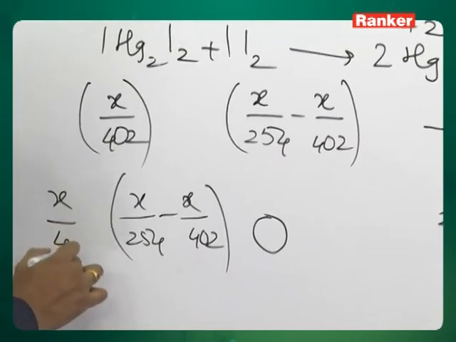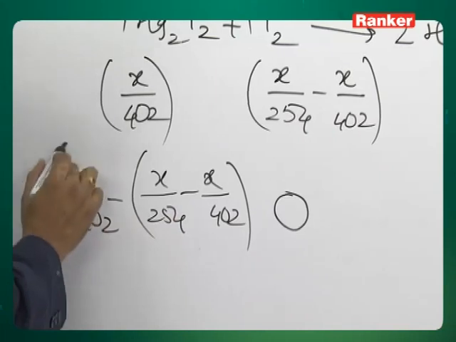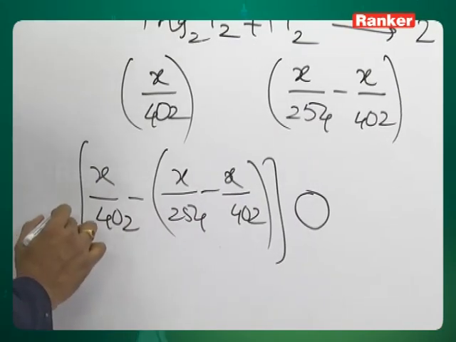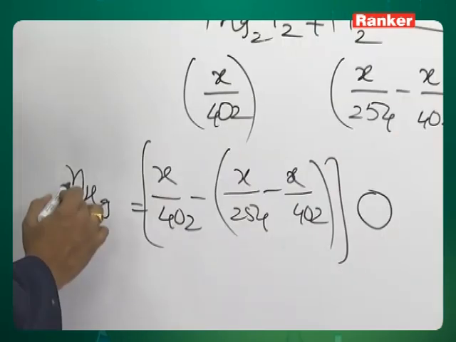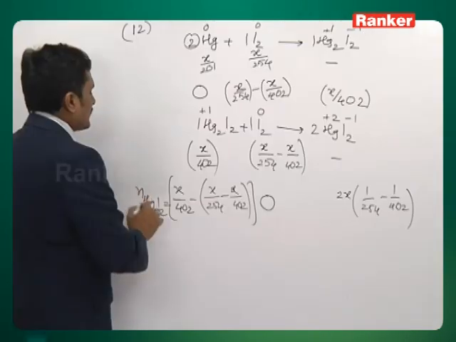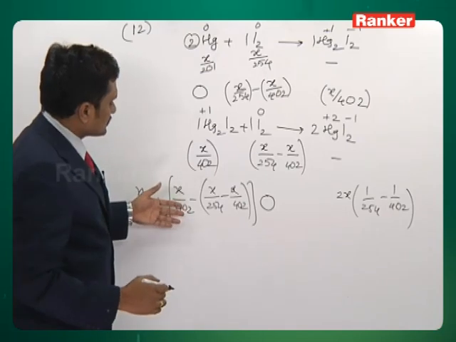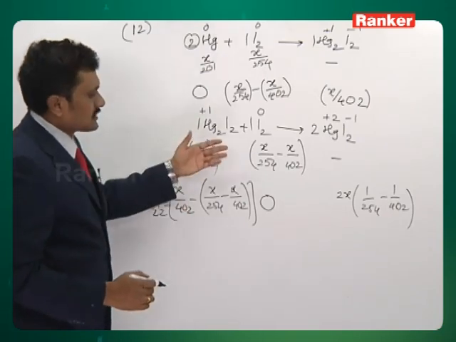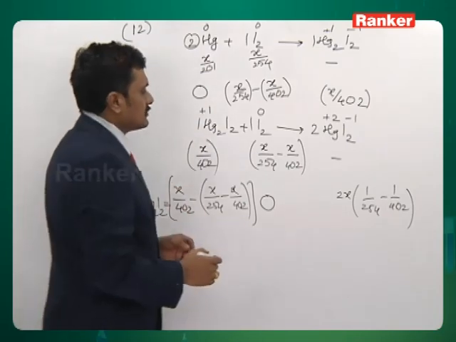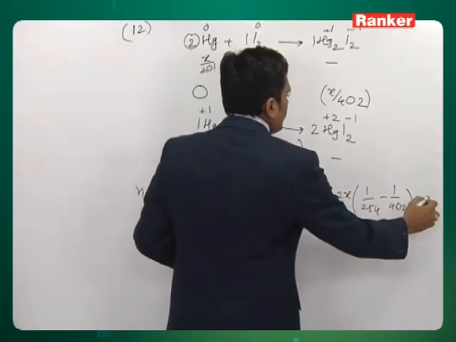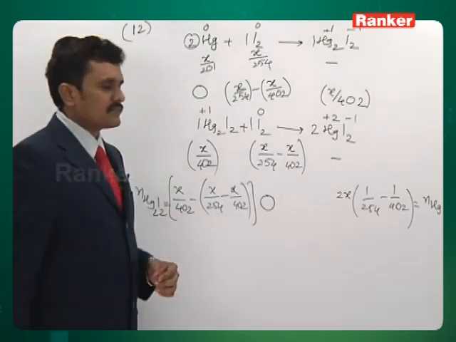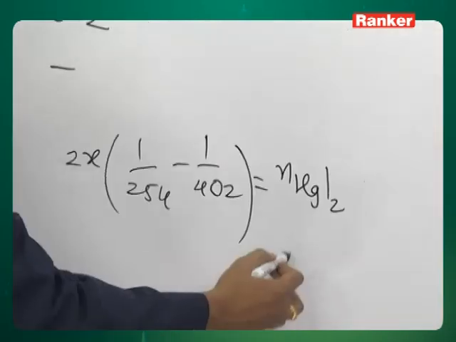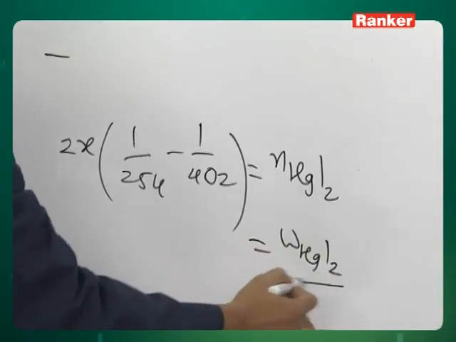So when I subtract the reacted from the initial, I will get the remaining moles of mercurous iodide that are finally remaining after the second reaction, and the number of moles of mercuric iodide that are finally formed after the second reaction. Now we all know that the number of moles is equal to weight by molecular weight.